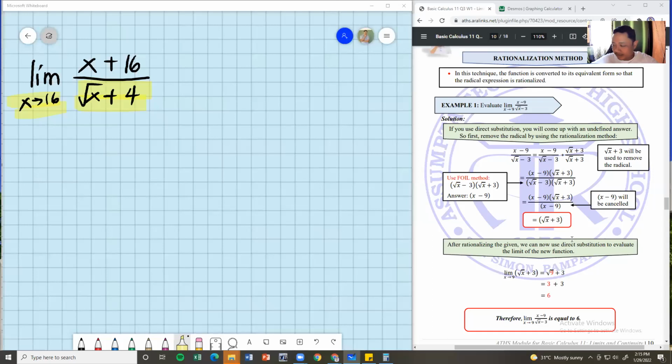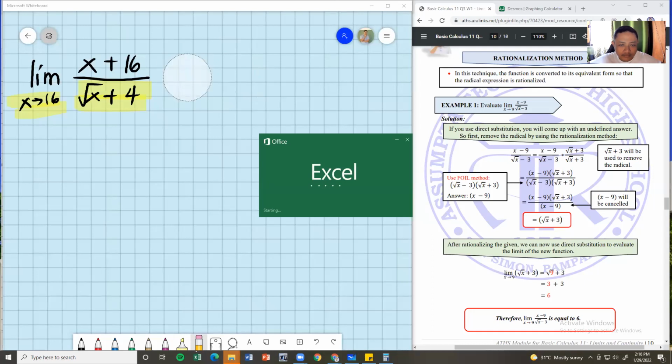Okay, since this will end up with an undefined value and there is a radical in the denominator, therefore we have to rationalize it. So this will become the limit of x plus 16 over square root of x plus 4. Wait lang. Let me just erase this first.